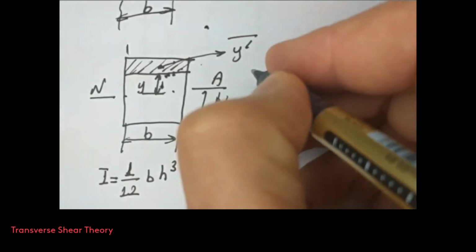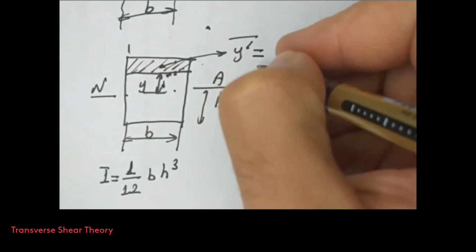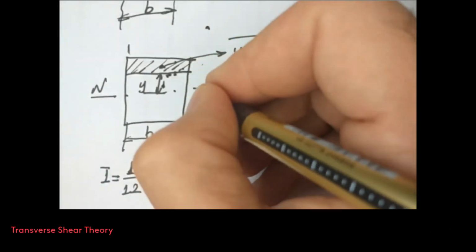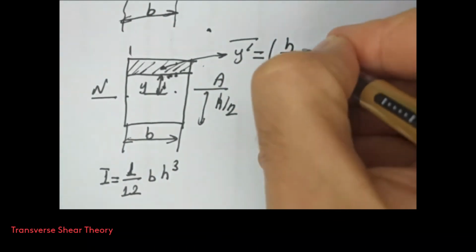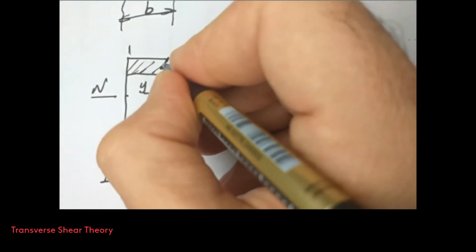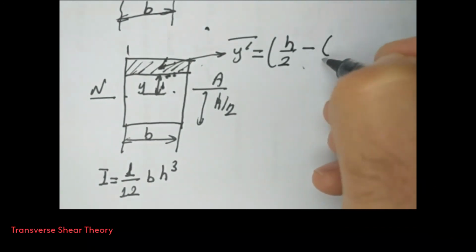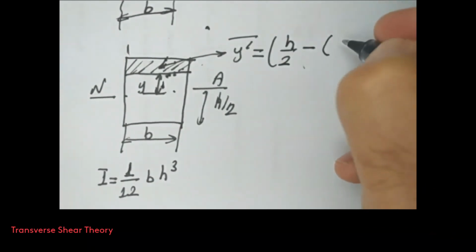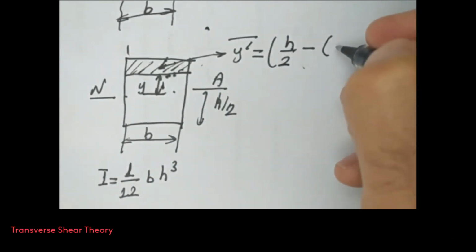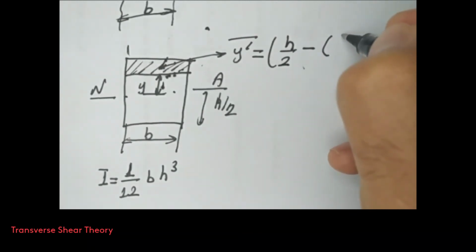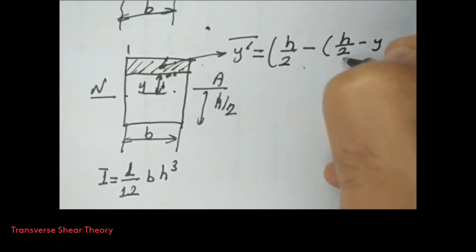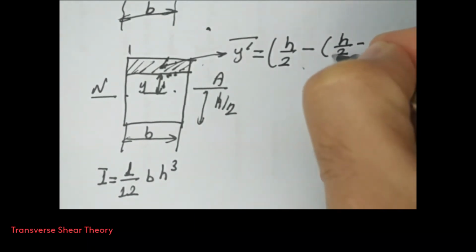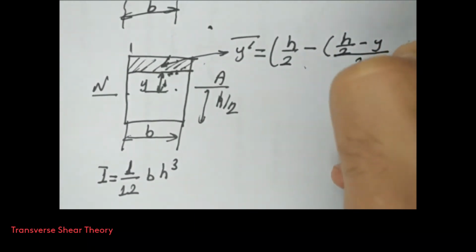So y prime is basically h divided by 2 minus this distance. That distance is h divided by 2 minus y, divided by 2.